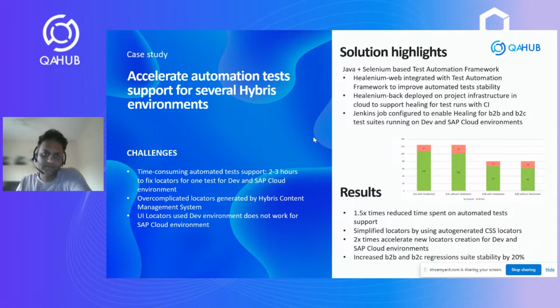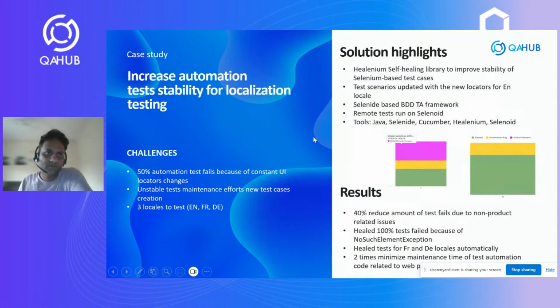Another is the localization test case, which I was referring to before, right? So 50% automation failure was there due to constant UI changes, and there were three locales to test: English, French, and Danish. So there was a problem: you write a locator in one, and it is not going to work for the new language.